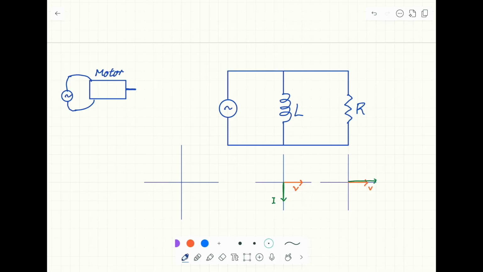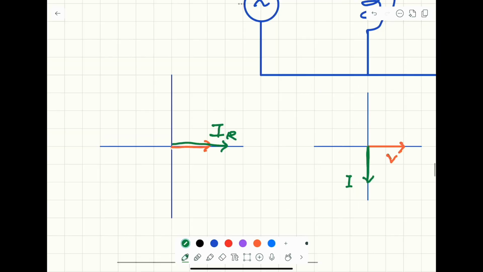So now we can combine both diagrams. This is the common voltage here, and this is the current passing through the resistor. And this is the current passing through the inductor. This one is where the current flows out from the supply.